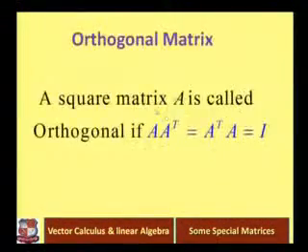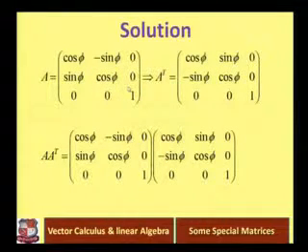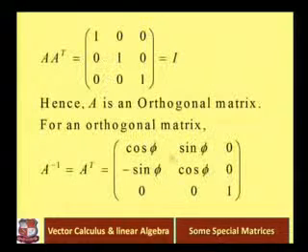Finally, we see the orthogonal matrix. A square matrix A is said to be orthogonal if A A transpose is equal to A transpose A is equal to I. For that, let us take an example. A is equal to cos phi, minus sin phi, 0; sin phi, cos phi, 0; 0, 0, 1. The transpose of that matrix is cos phi, sin phi, 0 and similar entries, and multiplying A by A transpose, the resultant matrix is the 3 by 3 identity matrix.